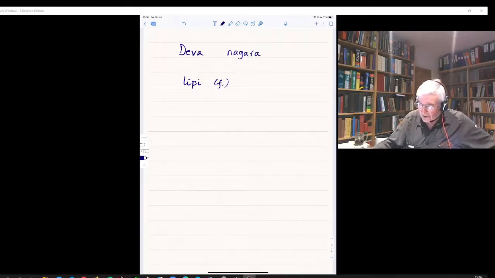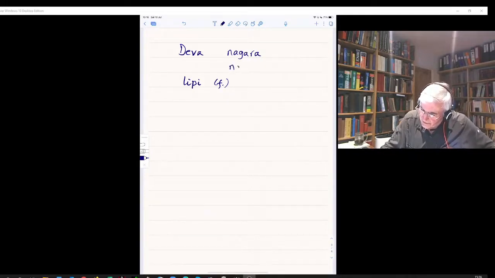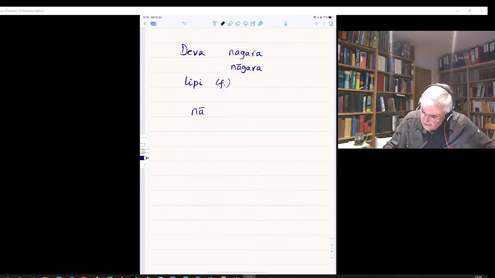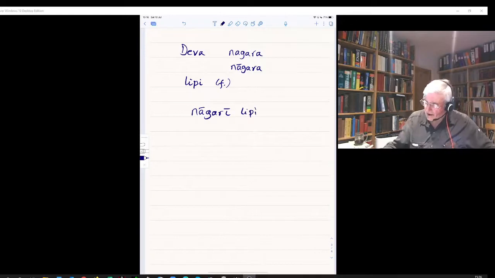So an adjective meaning of the city, one way of doing it is by lengthening the first vowel. So nagara means urban, of the city. And the feminine form of that, to agree with lipi, is nagari. Feminine form nagari lipi. The urban script, the city script.